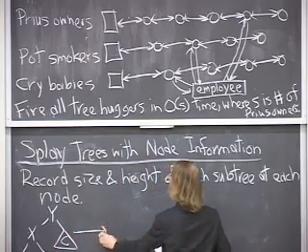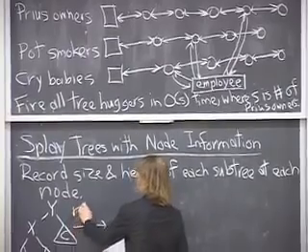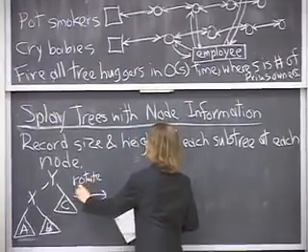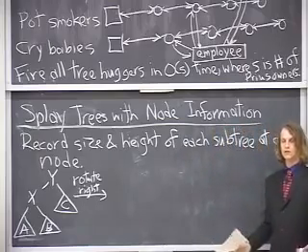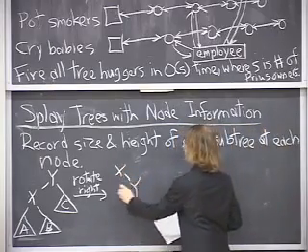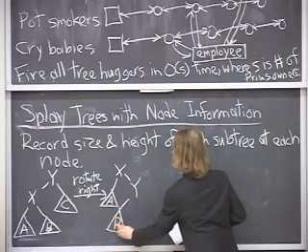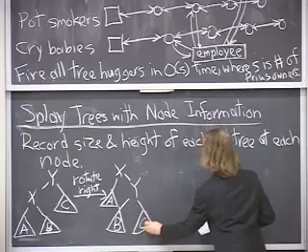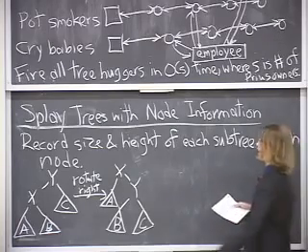And you recall that all splay tree operations are built out of this rotate right operation, and its inverse operation, which is a rotate left. Well, let's look at how to update the height and size of all the nodes after you do a rotation operation.